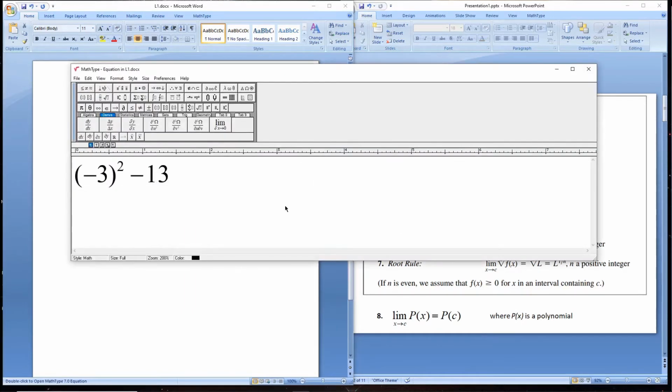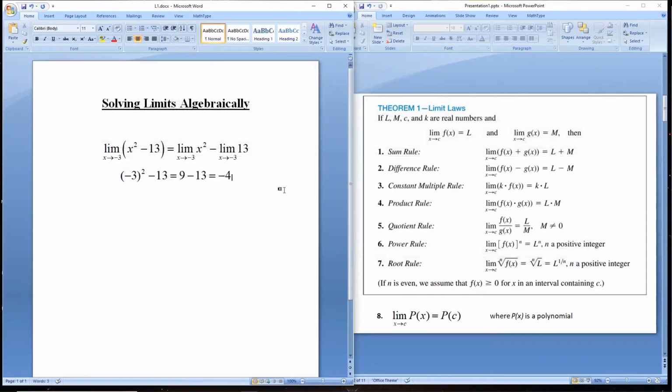Of course, the last step here would just be to do the arithmetic and get our answer. And that's our answer. The limit is minus 4. Again, we got this entirely from using the limit properties.